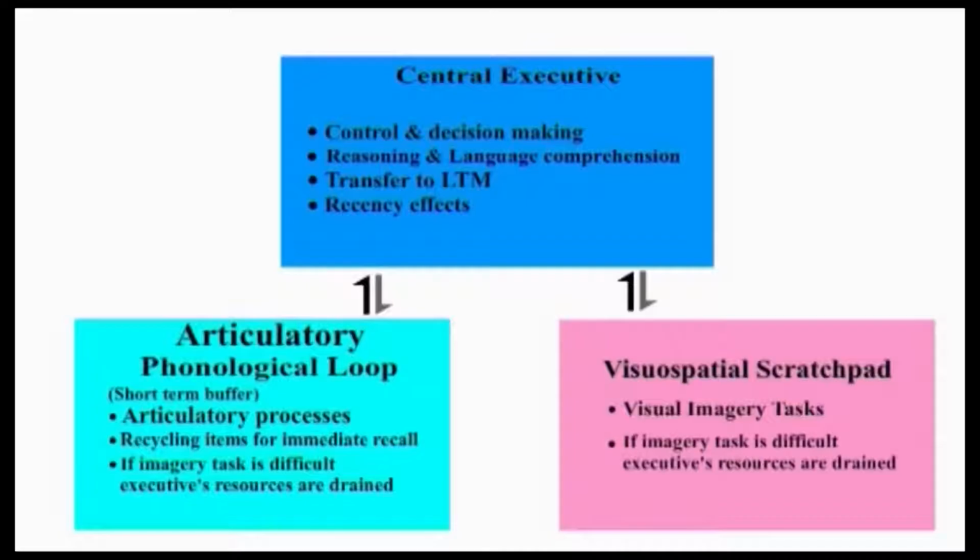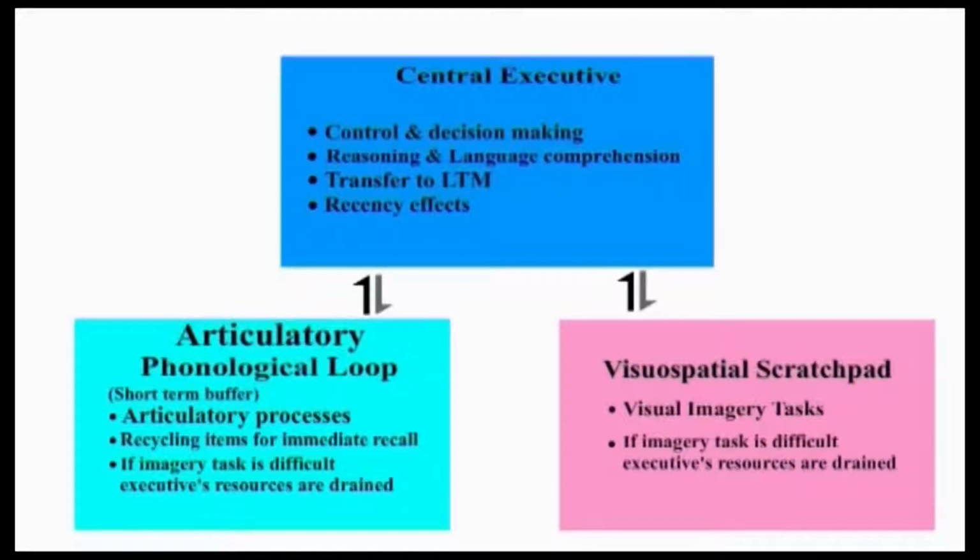The central executive has control over things and plays a role in decision making, reasoning, language comprehension, and transfer of information to long term memory. Recency effect is also a function of the central executive.